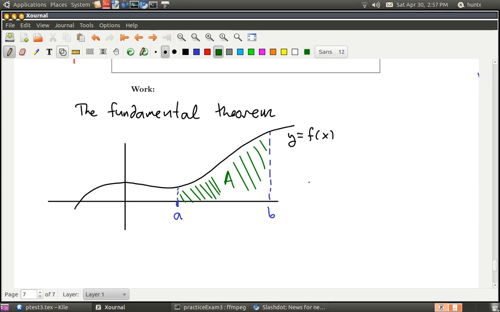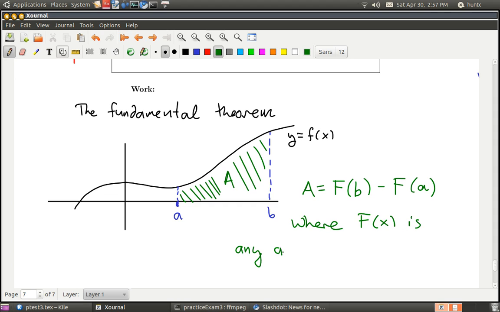And the fundamental theorem says that A is equal to capital F of B minus capital F of A, where capital F of x is, I could say the, but should really say any antiderivative of f.